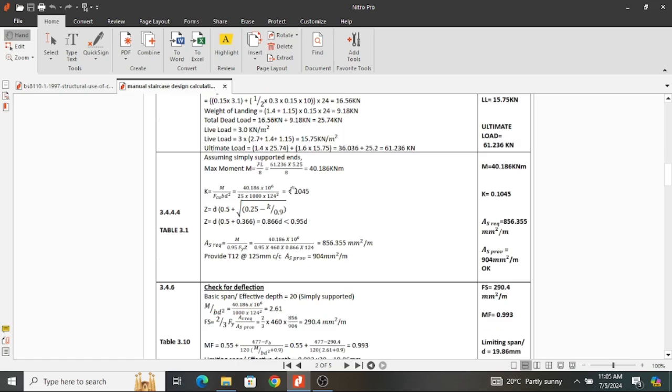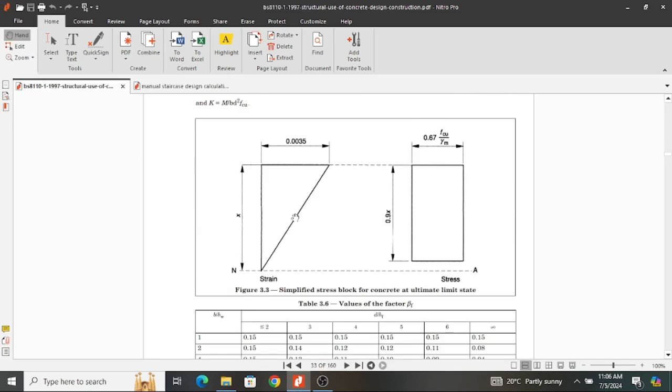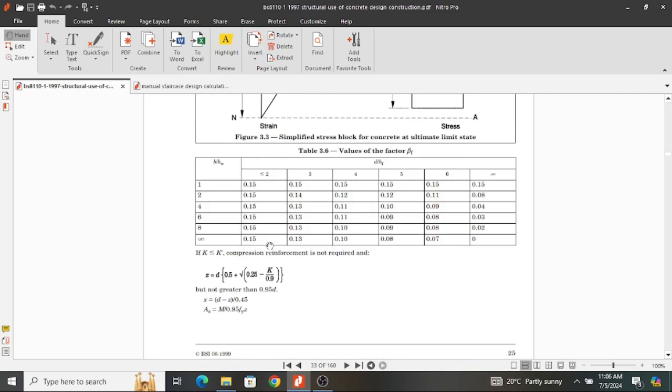Once I've obtained that and there is no compression reinforcement required, I proceed to use this K to determine my lever arm Z. Once I feed the K into the formula, I determine my lever arm Z, and I think I should go back to the code so that we can see that.